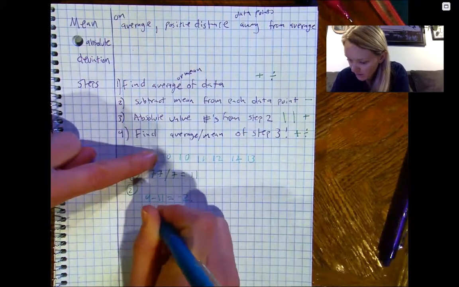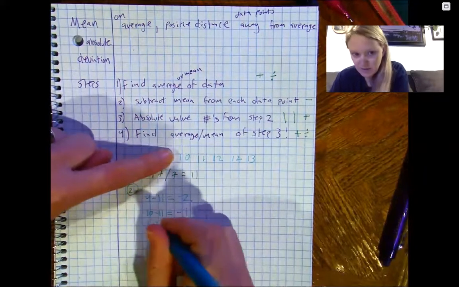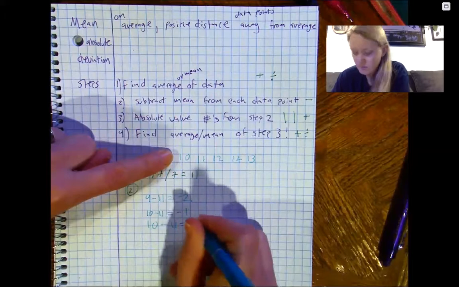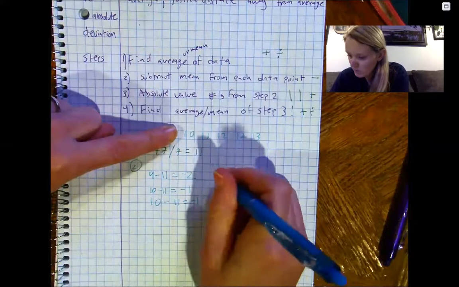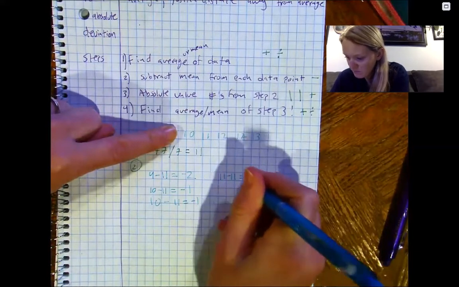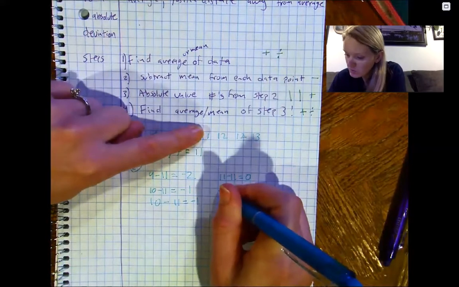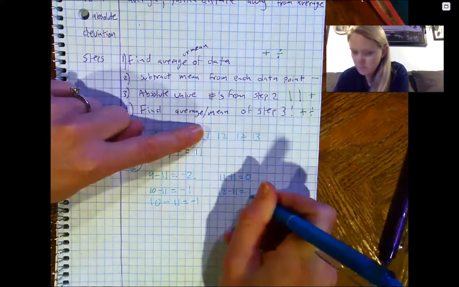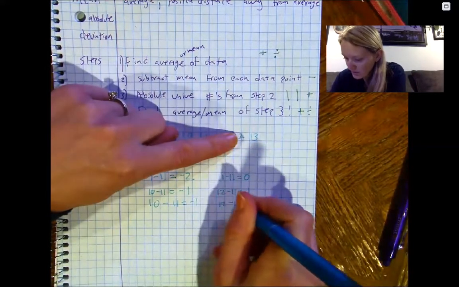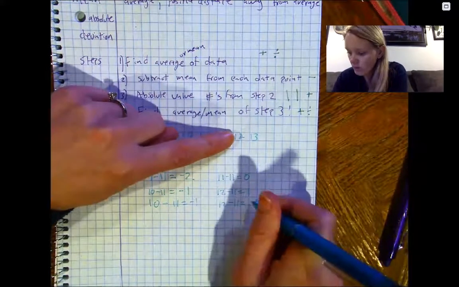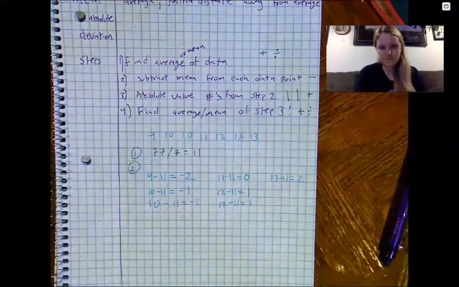Ready? 10 minus 11, -1. 10 minus 11, -1. 11 minus 11, 0. 12 minus 11, 1. 12 minus 11, 1. 13 minus 11, 2.